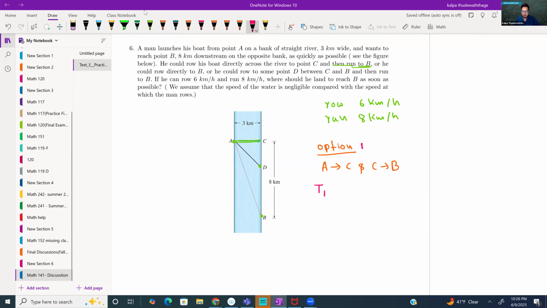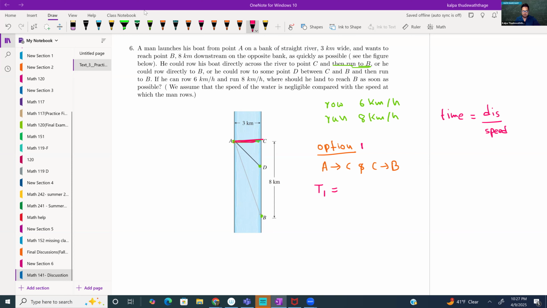So the time from A to C is 3 kilometers. Time is equal to distance over speed.